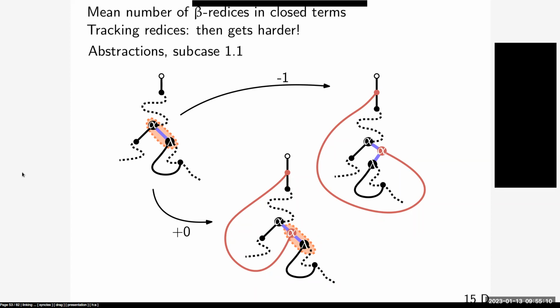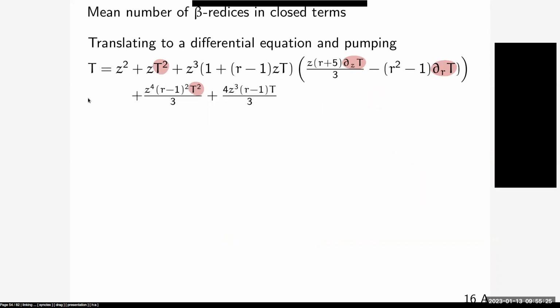Or I cut to the right, in which case I have the new application, the new variable applied to the abstraction lambda, in which case I have destroyed the redex and I have created no new redex in its place. So overall, I lost the redex. And by a similar kind of case analysis, we consider all the possible kinds of cuts that can happen in a term.